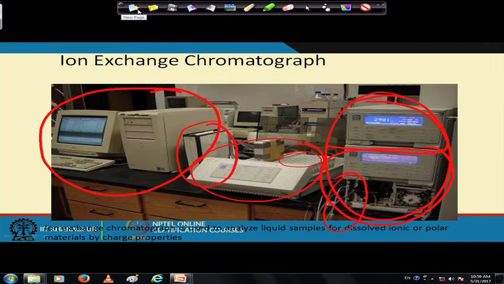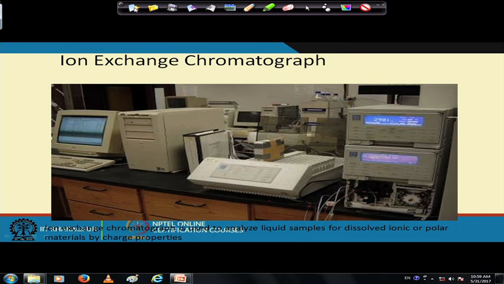Before you go for the unknown sample, you will again do the calibration curve, and you will know the retention time for different anions coming out. Based on that, you can do the analysis. That's the basic principle of most of these machines. So the ion chromatograph is used for anions, and it can also be done for cations as well. That's one machine that we use quite a lot.